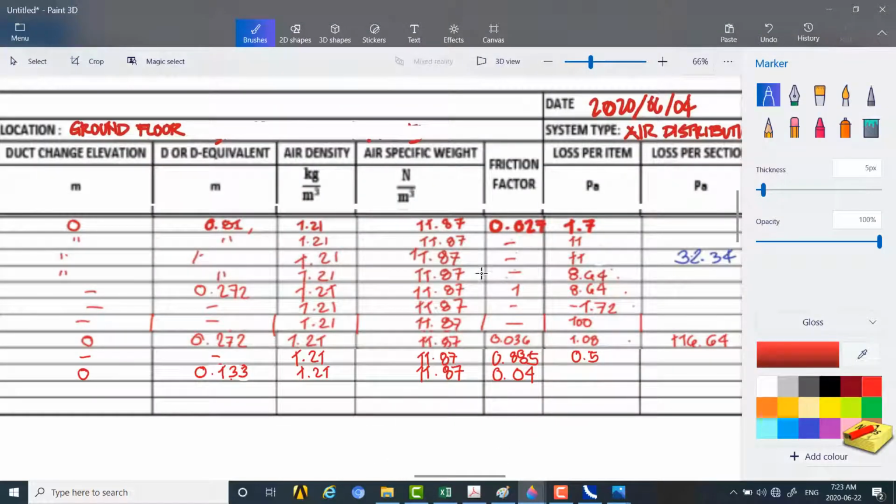This will be, let's erase this one. So that will be 0.035. Okay.